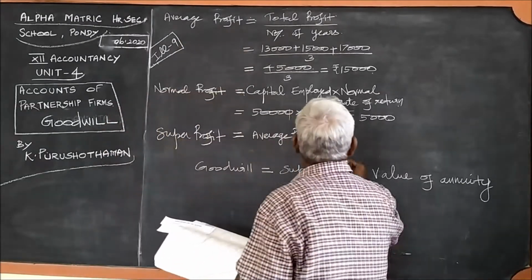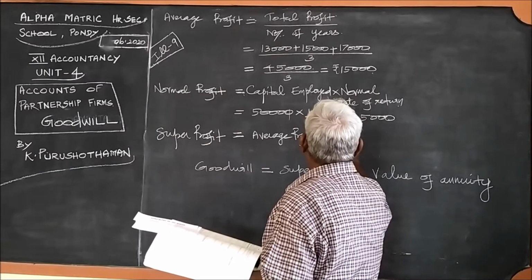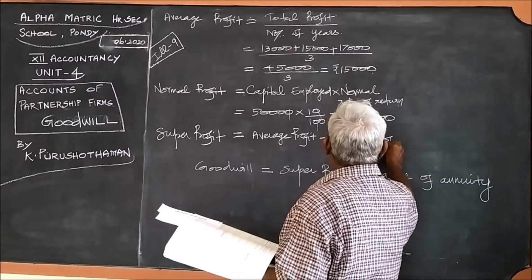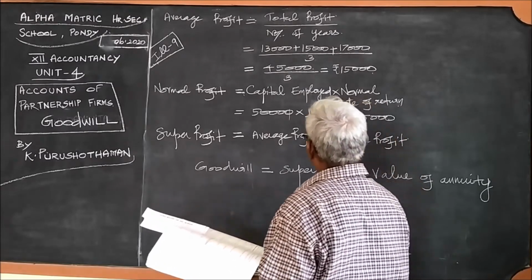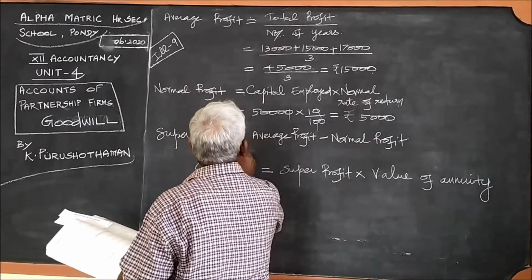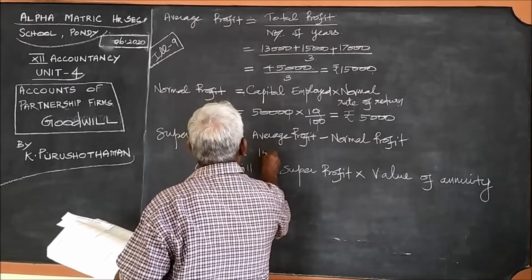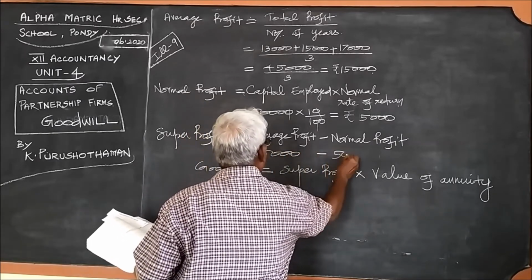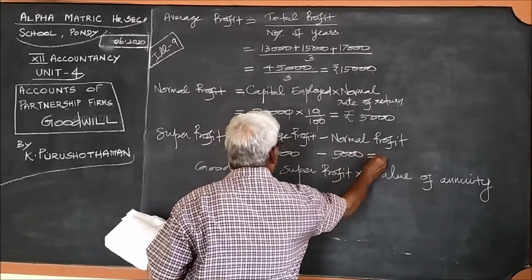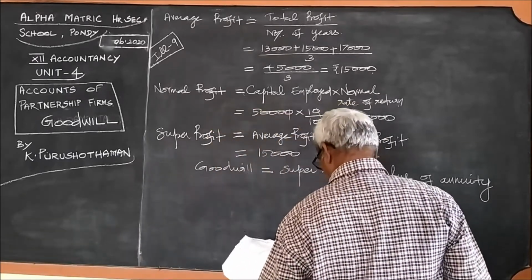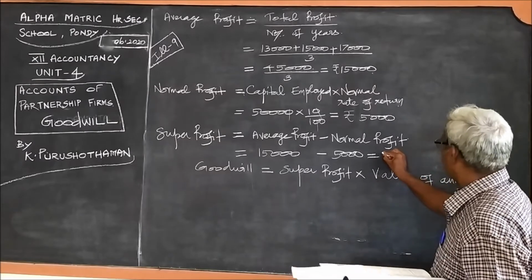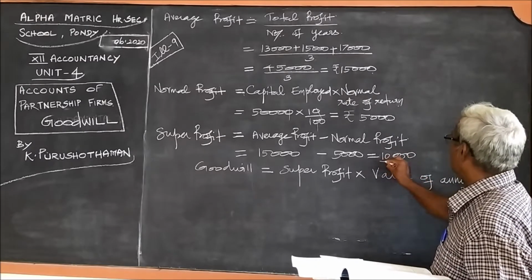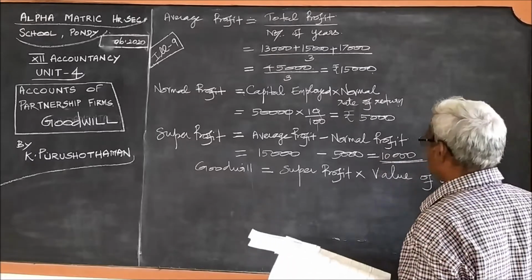Average profit 15,000 minus normal profit 5,000, which is equal to 10,000. This is the super profit.